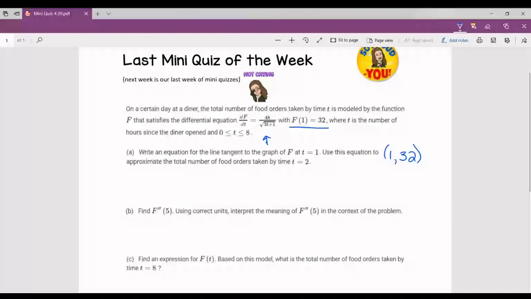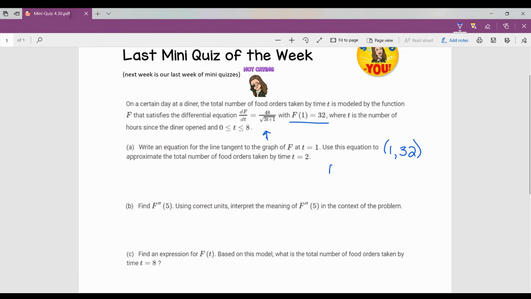So my slope is going to equal 48 over the square root of 3 times my t, which is 1, plus 1. So that's going to be 48 over the square root of 4. So 48 over 2 is 24. So my slope is 24.